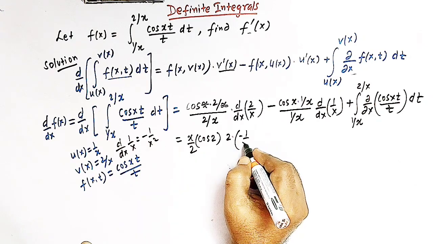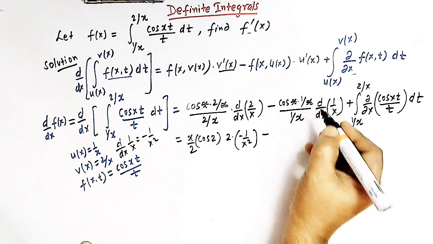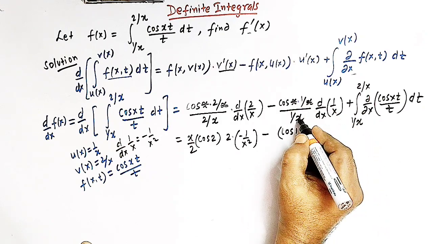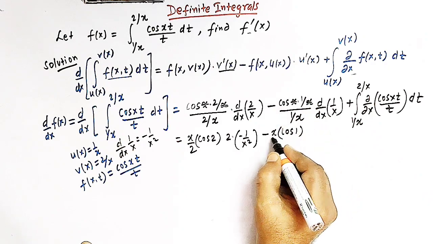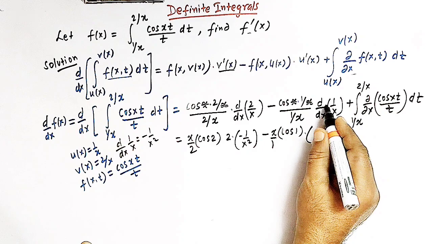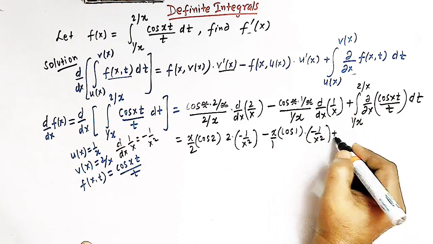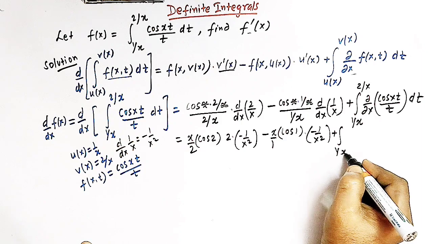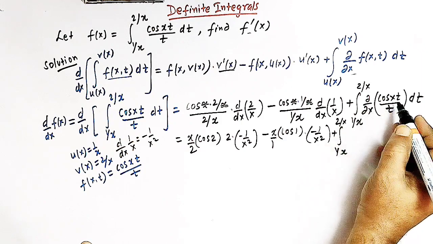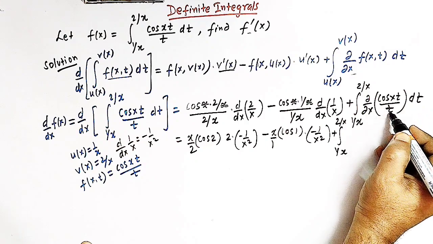So here we have minus 1 over x square, and here x and x get cancelled, so we have cos of 1, and taking this x to the numerator we have x over 1, and here we have the derivative of 1 over x as minus 1 over x square, and then we have the integral from 1 over x to 2 over x of the partial derivative of cos xt over t, right?